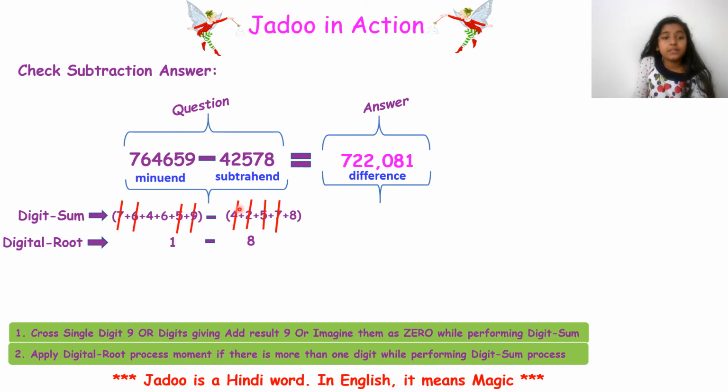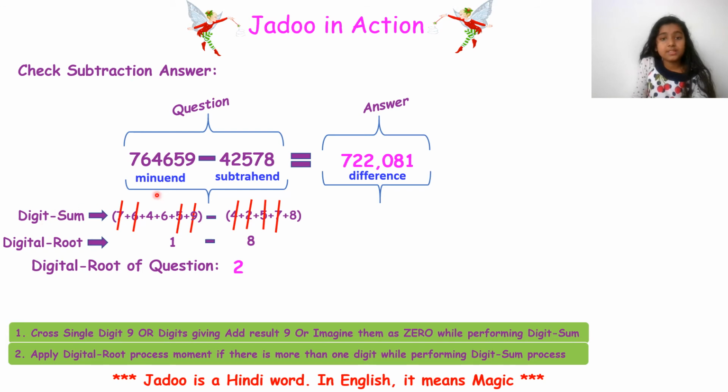Then the digital root of the question is 1 minus 8, which is minus 7. But as per today's secret, whenever you see a negative sign with a number, you have to add 9. So plus 9 minus 7, which is 2. So the digital root of the question is 2.